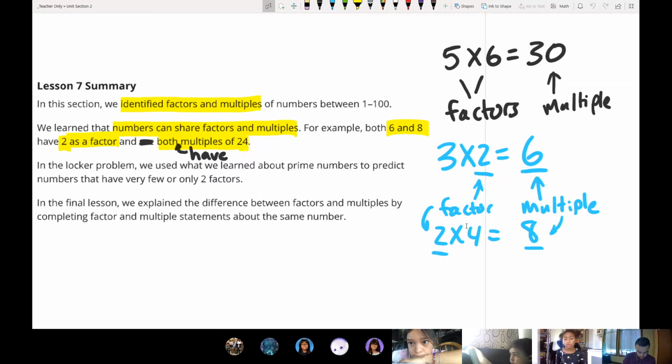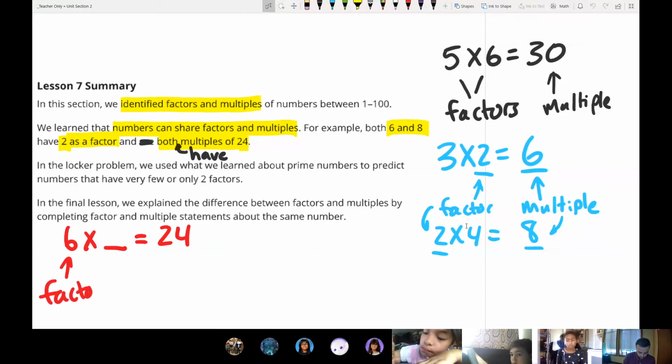So we have 6 times something equals 24, because in this case 6 is a factor. And we're trying to show that 24 is a multiple of 6. So what do I need to put in the blank here to show that 6 is a factor of 24 and that 24 is a multiple of 6?